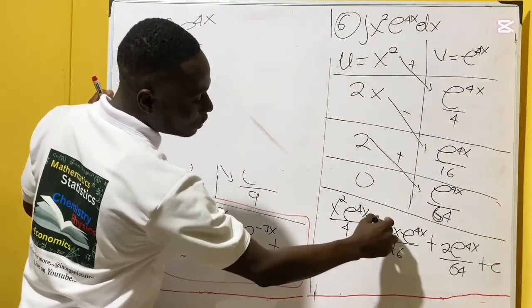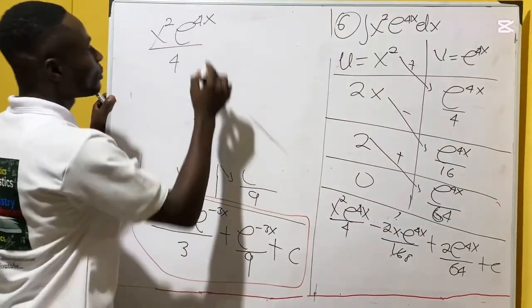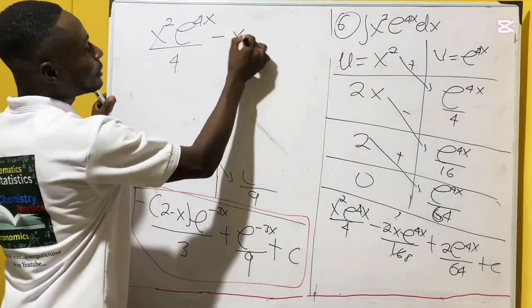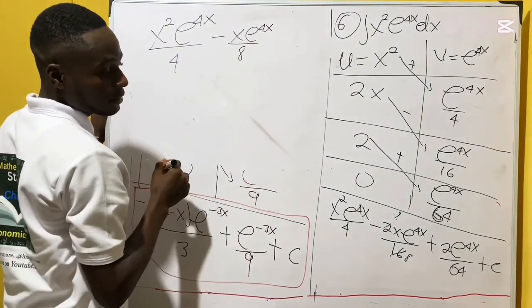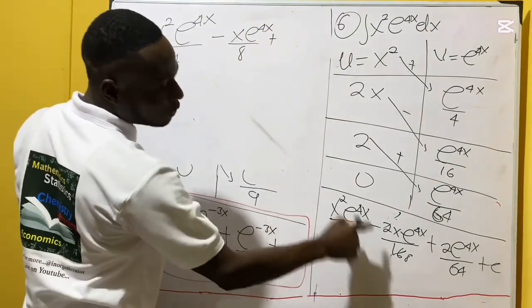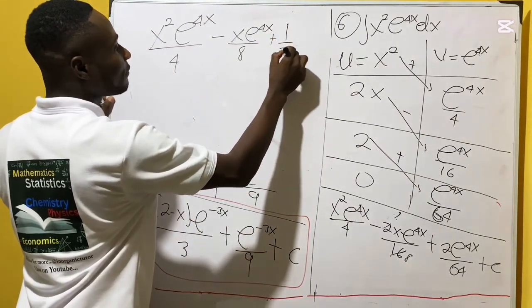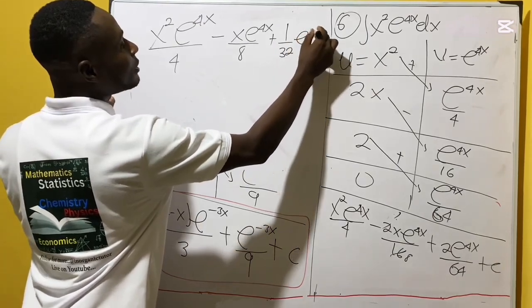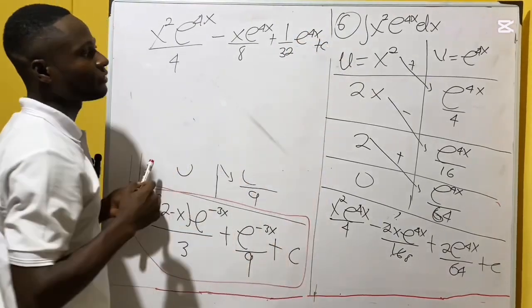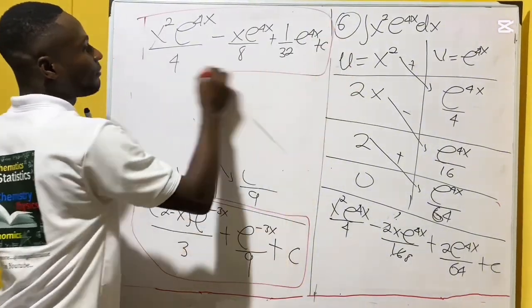Then 2 goes into 16 8 times, so we have minus x e power 4x on 8, plus 2 goes into 64 32 times. So we have 1 on 32 e power 4x plus our constant of integration, right? So this also becomes our final solution.